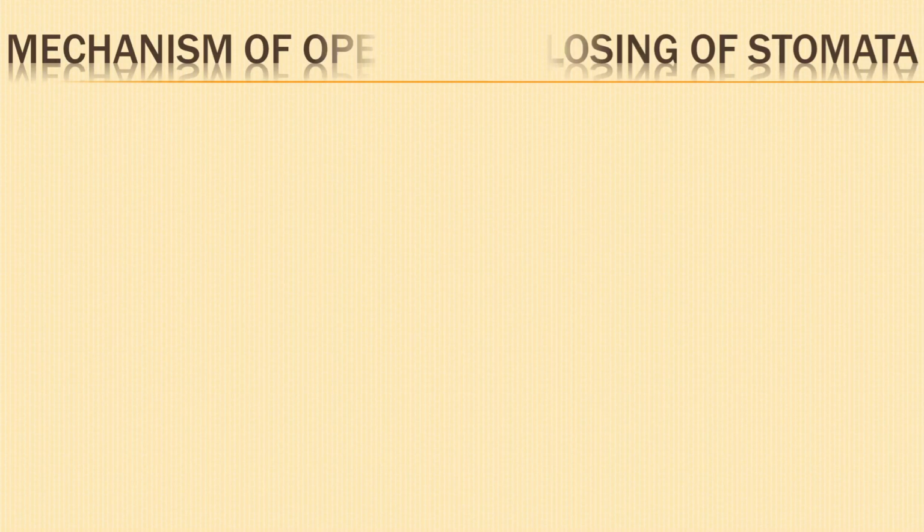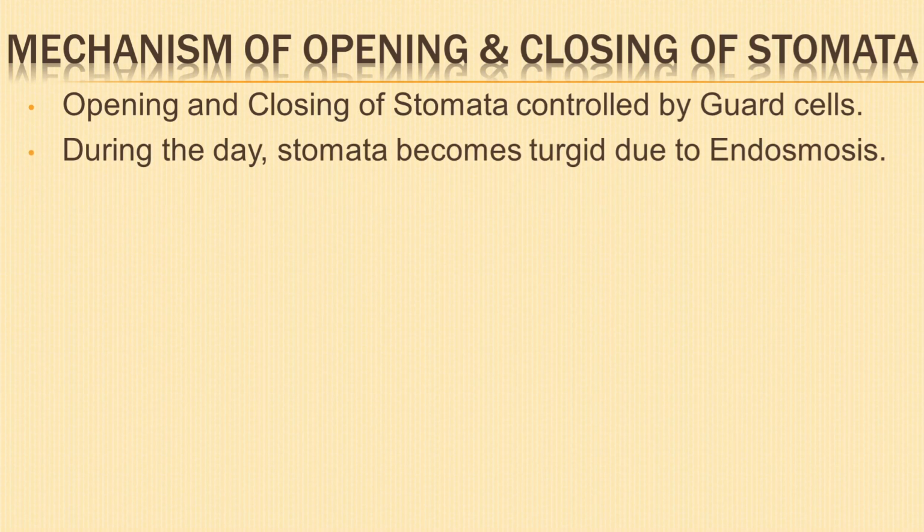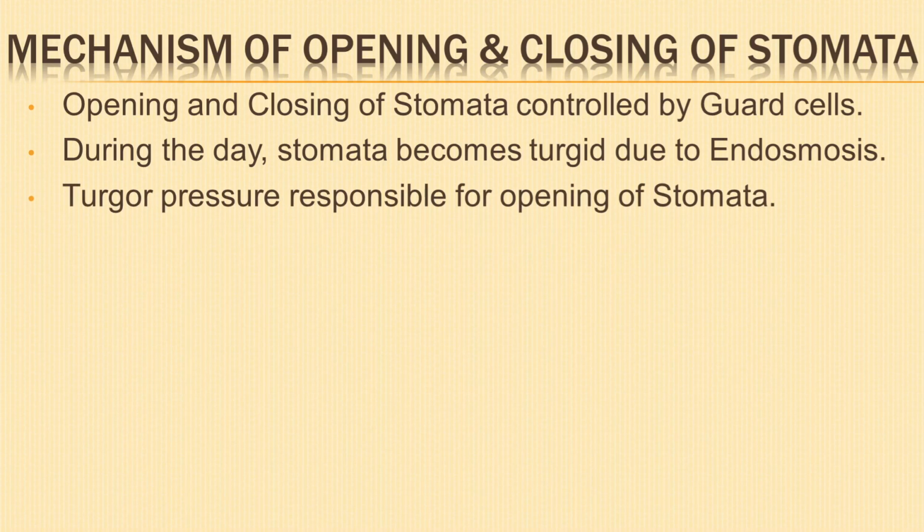Let us understand the mechanism of opening and closing of stomata. The opening and closing of stomata is controlled by guard cells. During the day, due to endosmosis, the guard cells become turgid. The turgor pressure stretches the outer thin walls of the guard cells outwards.